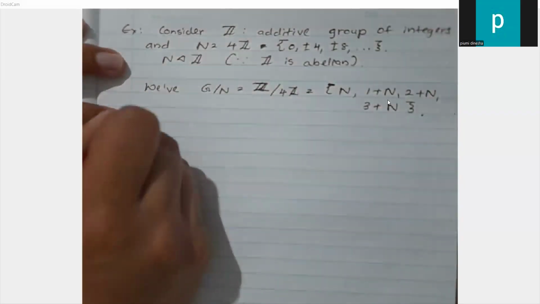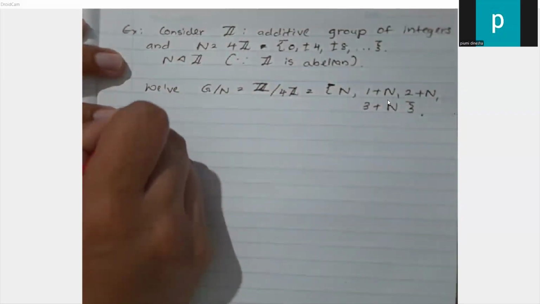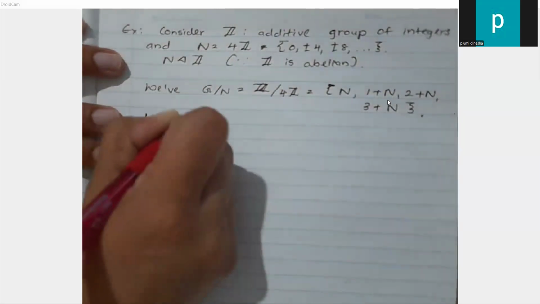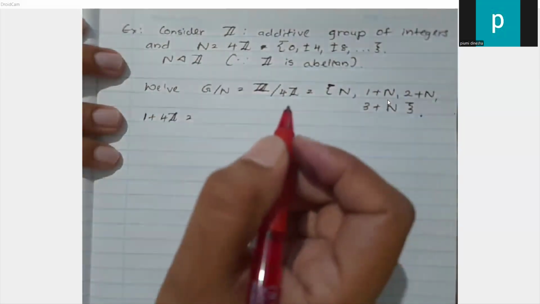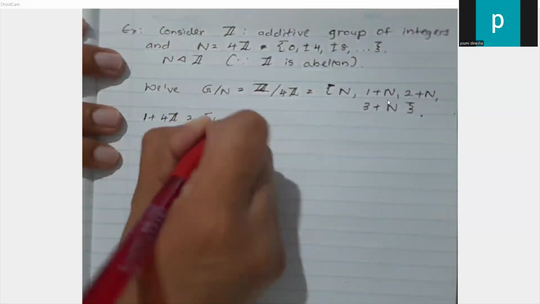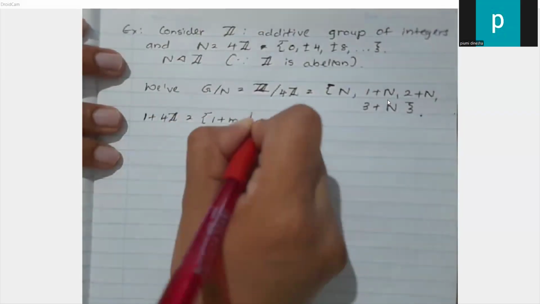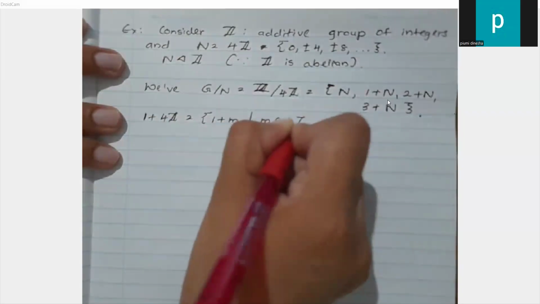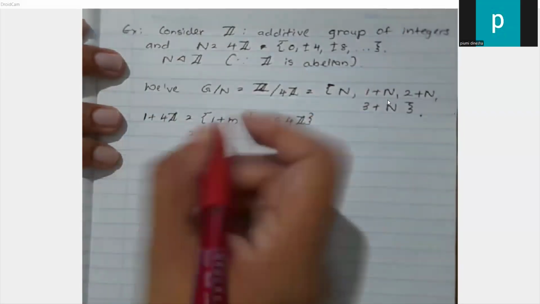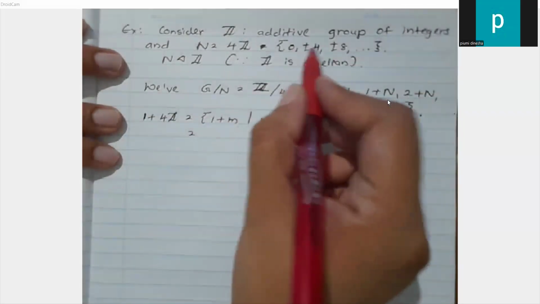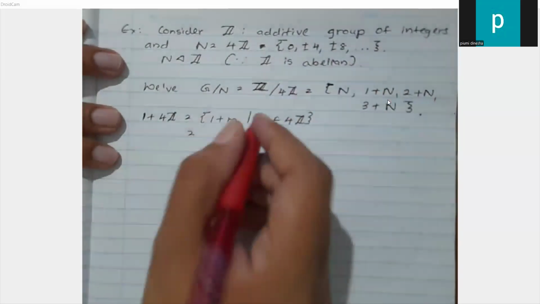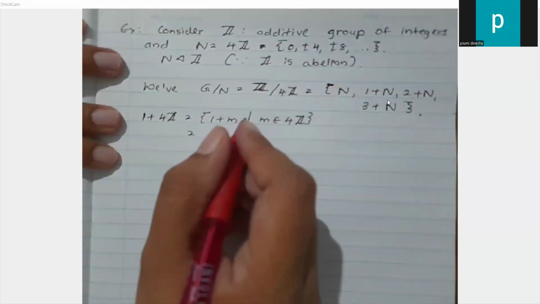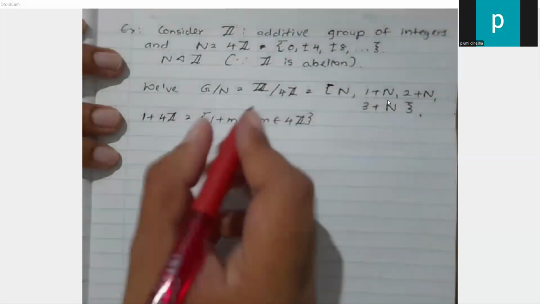Can list them down. We have 1 plus 4Z, which simply contains integers of the form 1 plus m, where m comes from 4 times Z. So it contains all integers you get when you add 1 to any of these. We get to negative 4, we add negative 3.